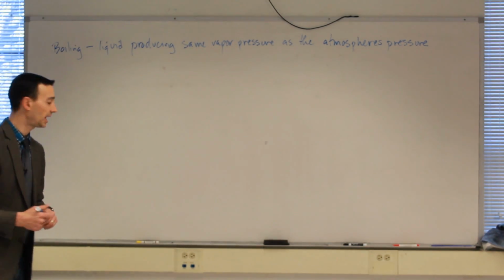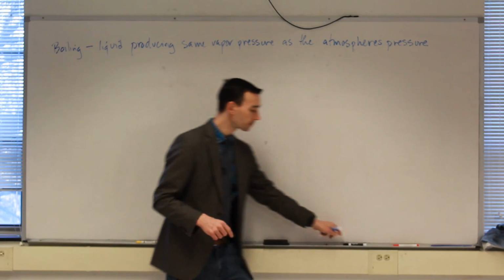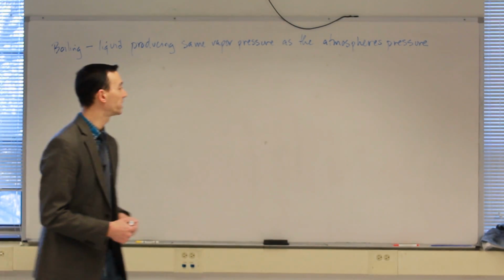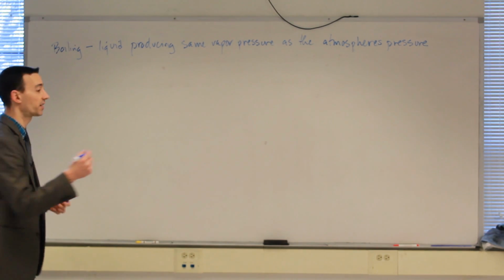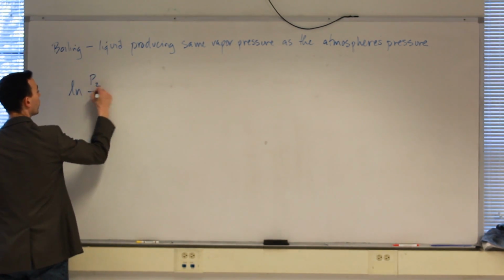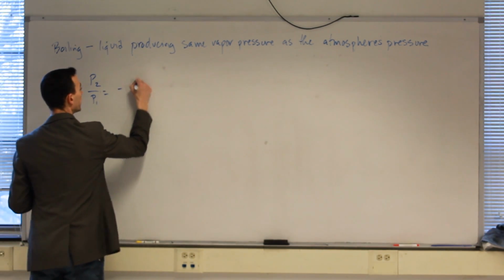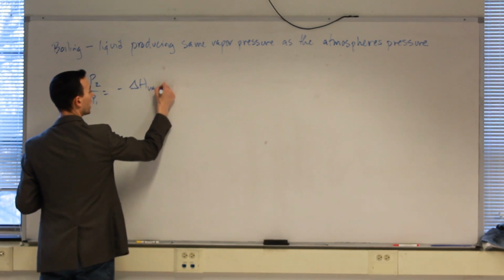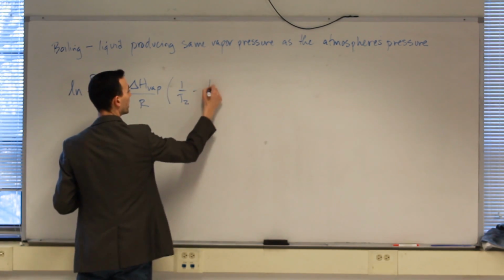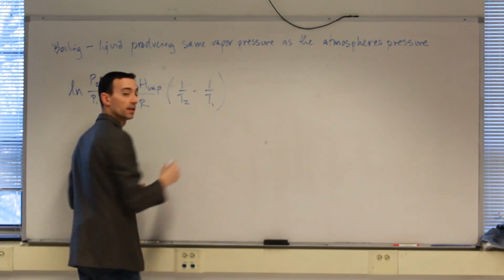But coming back to the Clausius-Clapeyron equation then, we can predict what temperature this would be using the two-point version of the Clausius-Clapeyron equation. So ln of P2 over P1 equaling negative delta H vap over R times 1 over T2 minus 1 over T1.